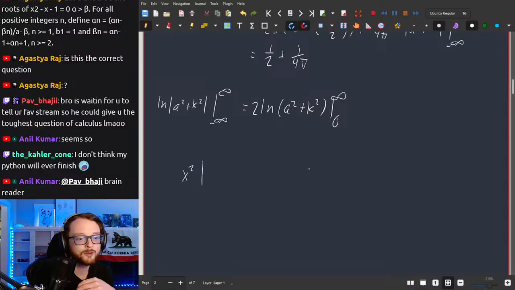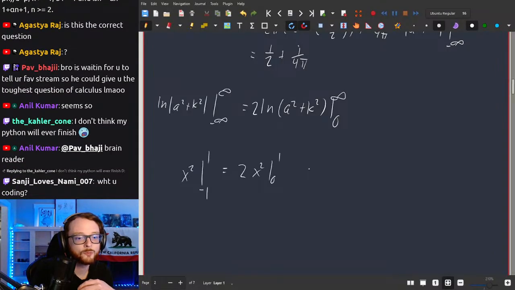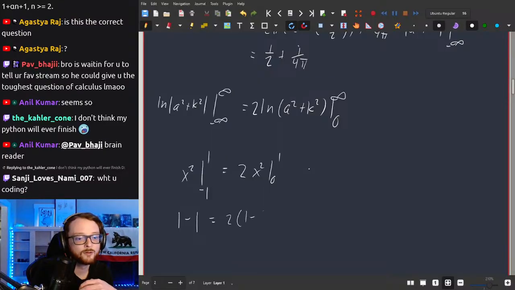Is x squared from -1 to 1 equal to twice x squared from 0 to 1? That's what I'm curious about, I guess. It's not.